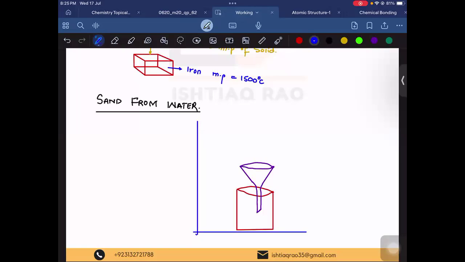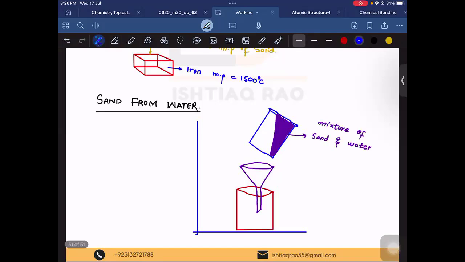And then we have another beaker, another container, in which I have the sand and water mixture.